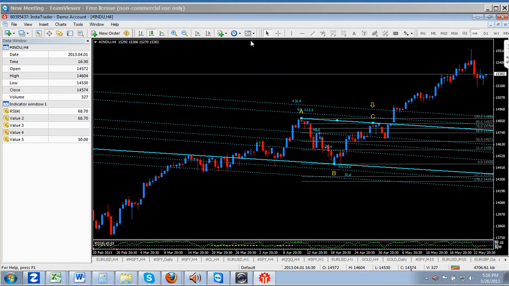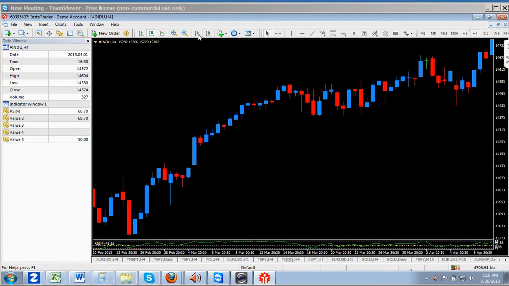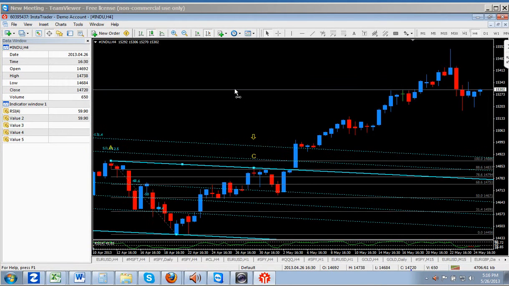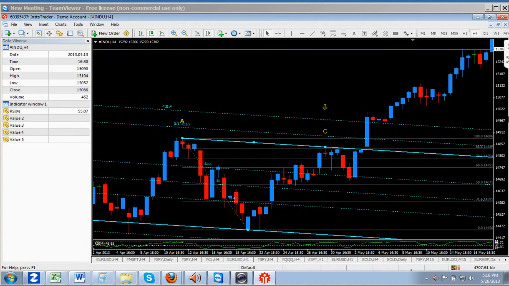Let's continue here with the Dow Jones plot. We were just sitting there waiting for a pullback, and it stopped right at the 88.6% level, and the decline was almost exactly to the minus 68.6, which again means that it traveled a distance of 31.4.